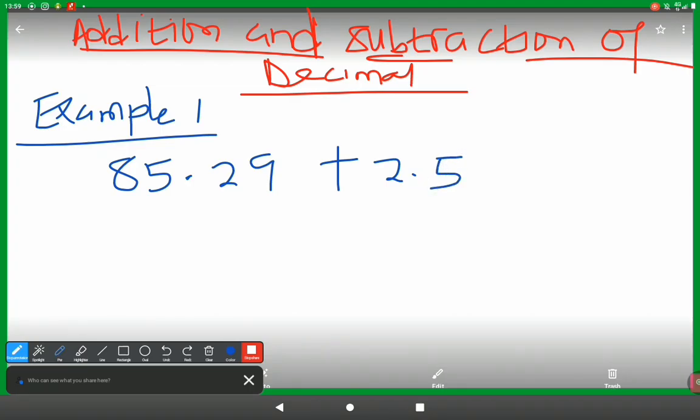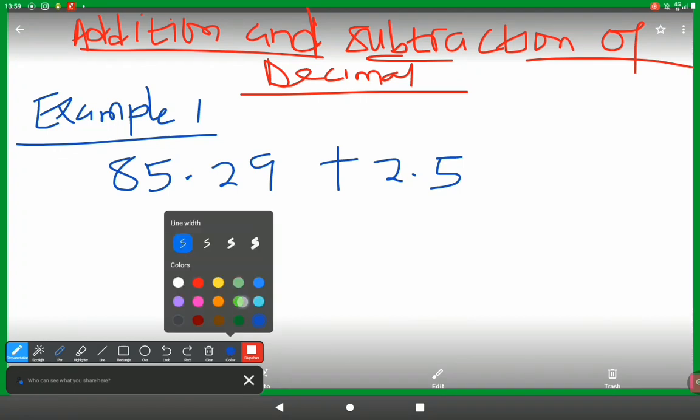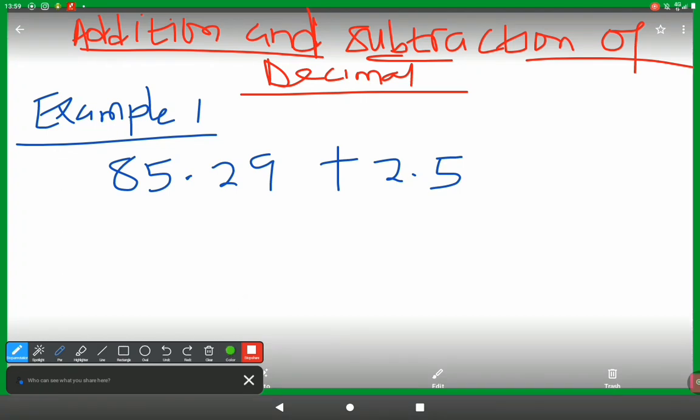Alright, so if you have questions like this, it's advisable to use your place values. So let's indicate the values of each digit there. This is ones, this is tens. After the decimal point, the first digit should be addressed as tenths.